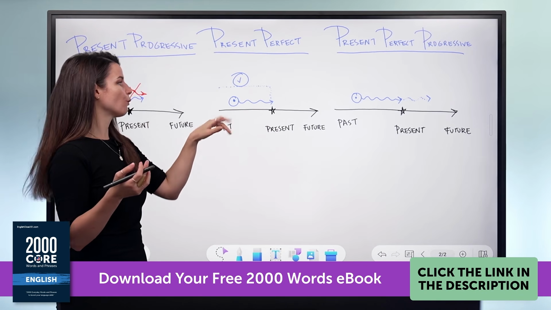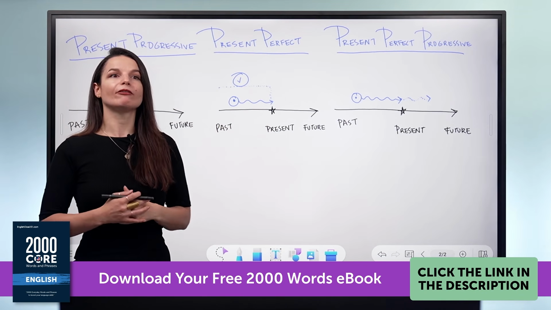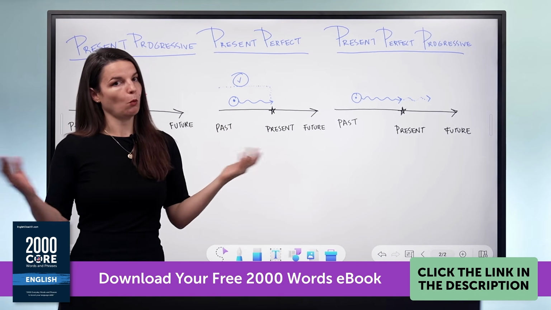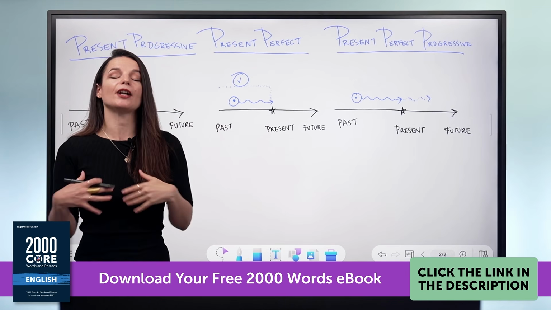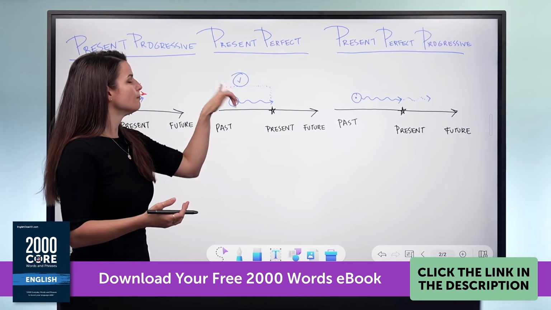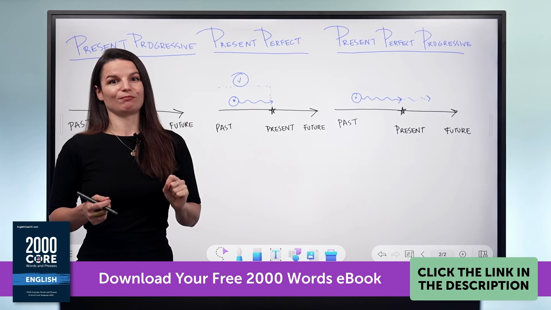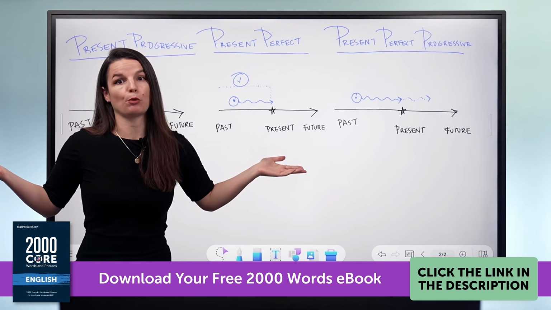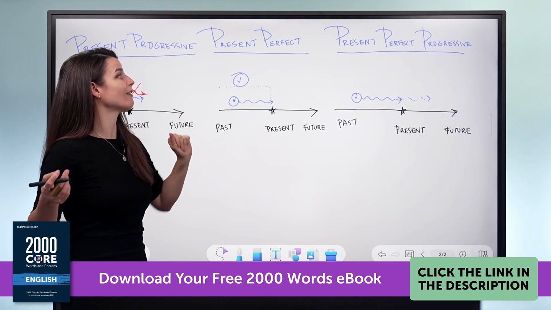For example, I have lived in another country. When? It's not important. I just want to express my life experience, yeah? Or I have eaten sushi before. When is not important. I just express my life experience, okay?